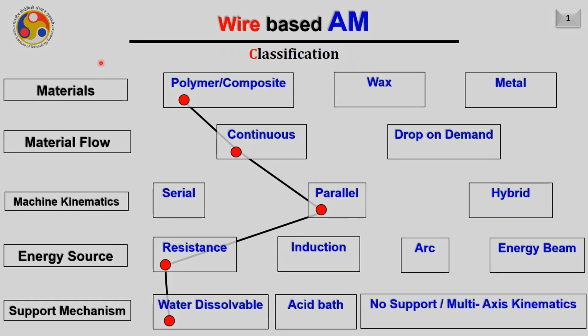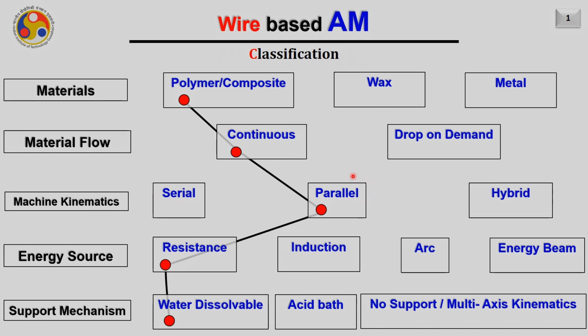Now let us discuss some different types of FDM processes. As the material will be the same, because we are still discussing the FDM process which uses polymer wire as the raw material, material will flow continuously only from the nozzle, and the change will be in the machine tool kinematics.